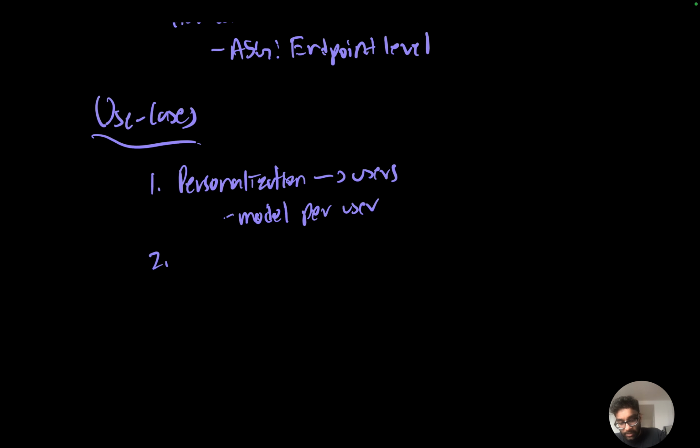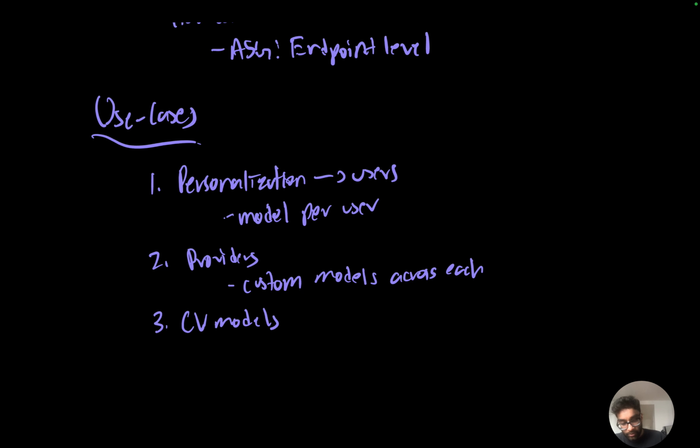Other things might be if you have different providers and you have some custom models across each provider. Things of that sort. And use cases maybe such as login detection or things of that sort. Or maybe you might have some computer vision models that you personalize. Or like avatars, digital avatars.